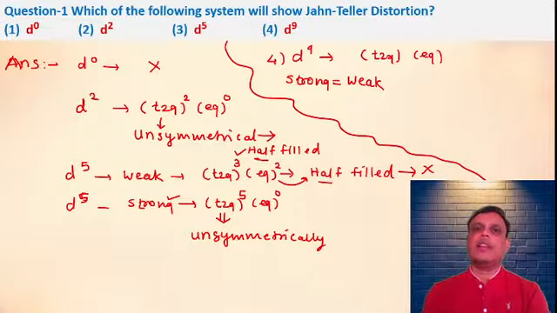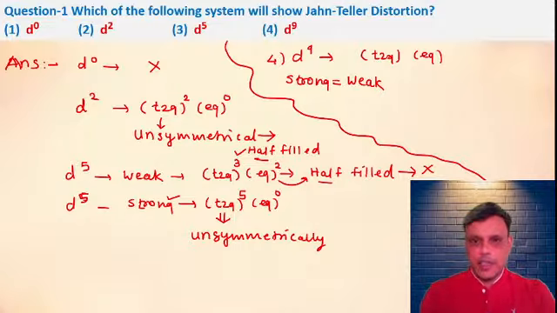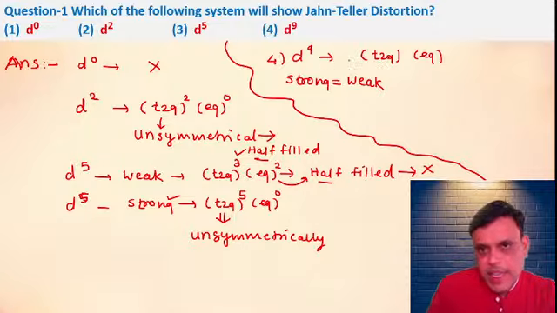The electronic configuration of the D9 system in strong field and weak field is the same. T2g6 and eg3, correct? T2g6 and eg3.